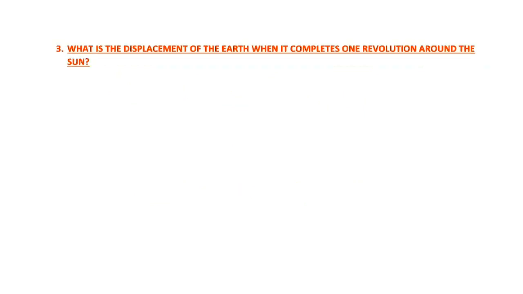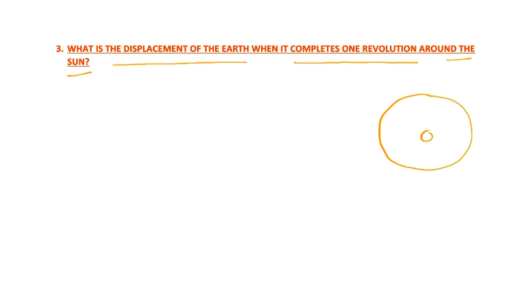Clear? Now question number 3, what is the displacement of the earth when it completes one revolution around the sun? Suppose this is your sun and the earth is revolving around the sun like this. Suppose it starts from this point, completes one revolution and reaches this point again.